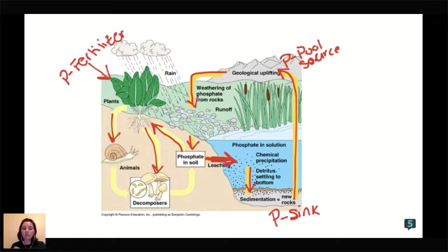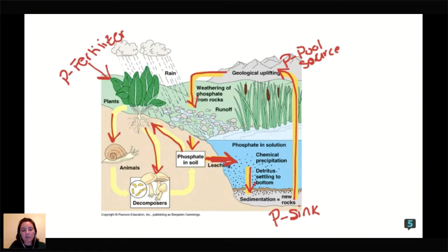If you remember from biology, the DNA backbone is a sugar phosphate compound. So it's super, super important, and it's a limiting growth factor. Nitrogen and phosphorus are both limiting factors in plant growth.